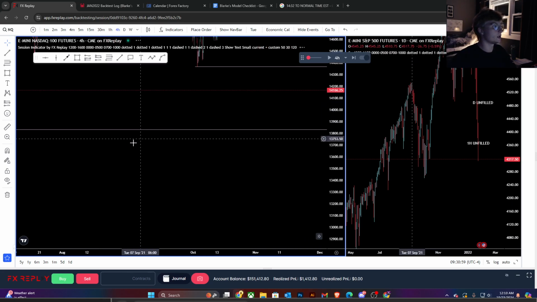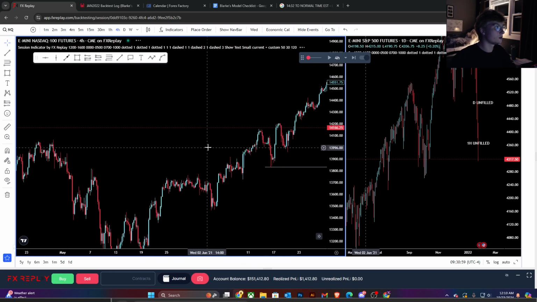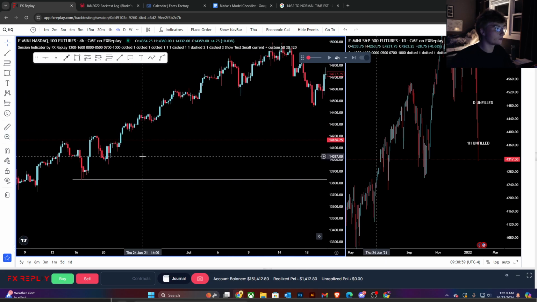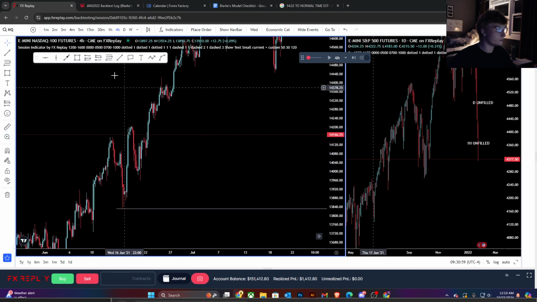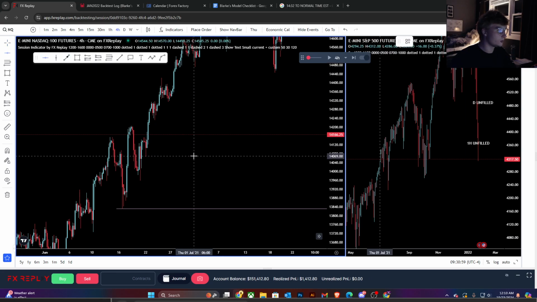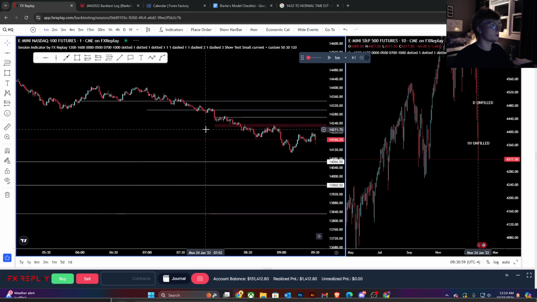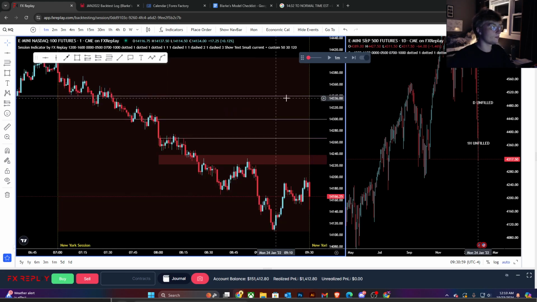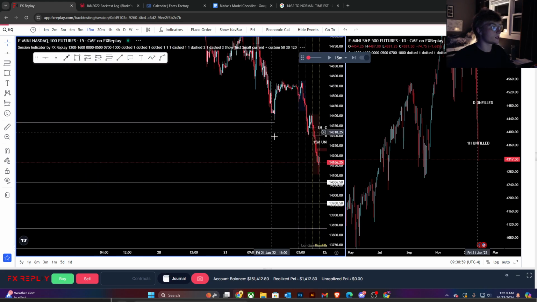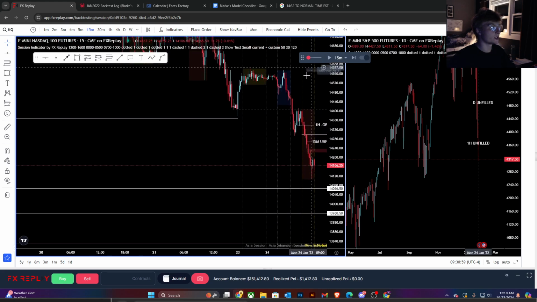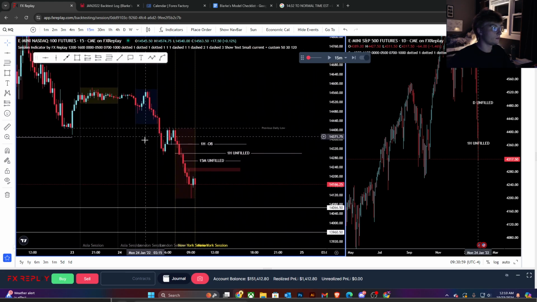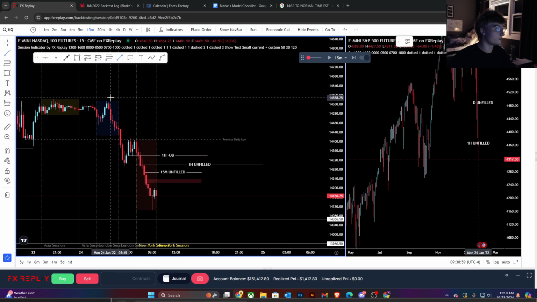I want to see if we got like a 4 hour swing. Do have these 4 hour swings I'm gonna keep marked up in case we do react. But yeah, session wise, there's not much here as for right now.